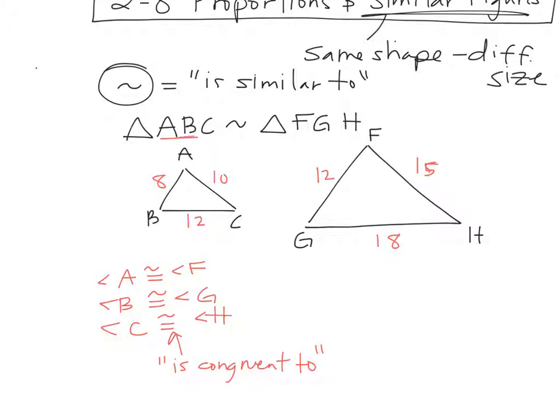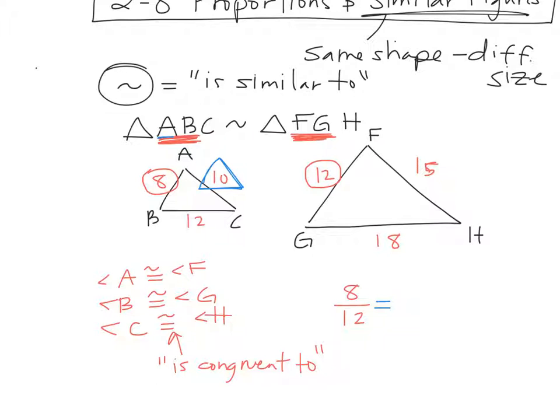So AB, that's the first two letters of our triangles. That corresponds to the first two letters over here. So we're saying AB corresponds to FG. So we're going to put 8 over 12 because those are the ones that match up. If we set up a proportion, then we could say AC.